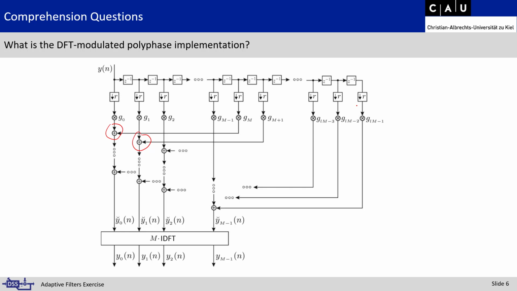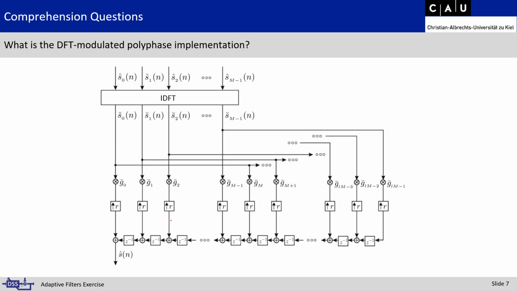And this we then do by this IDFT block down here, because the IDFT has exactly those modulation terms in the sum that we need. But because the IDFT has a weighting of 1 divided by the number of samples, and we don't want to have this here, we need to scale it by M. And this then gives us our subband signals in a very, very efficient way.